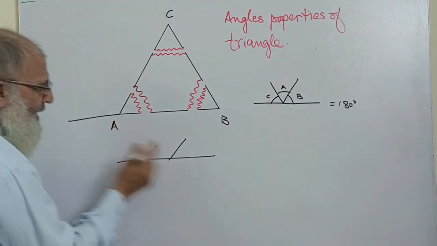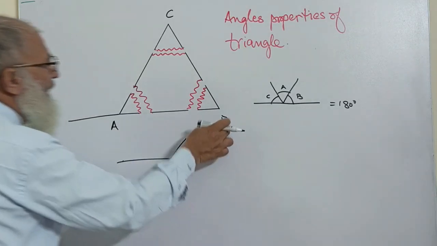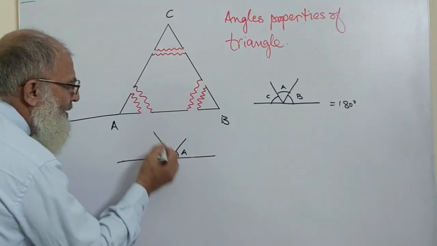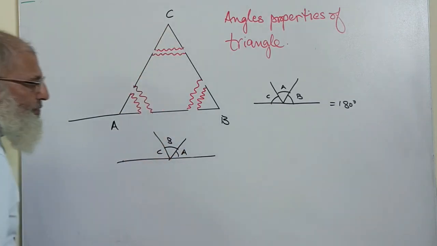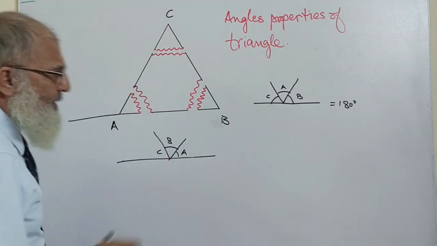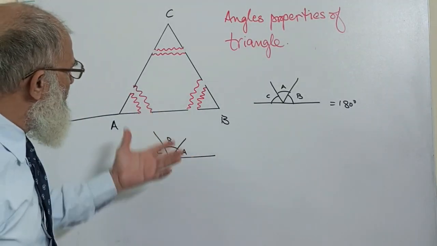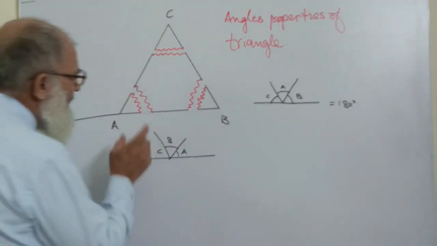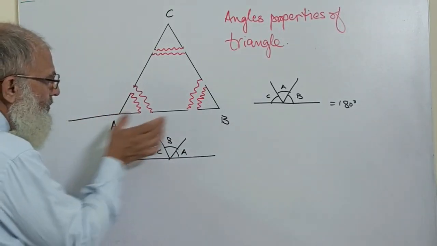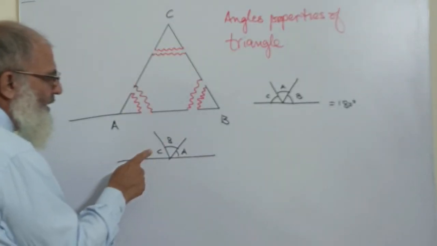Now this is angle A, and this is angle B, and this is angle C. Now what do we conclude from this broken triangle? You see that now angle B is over here, angle C is over here.